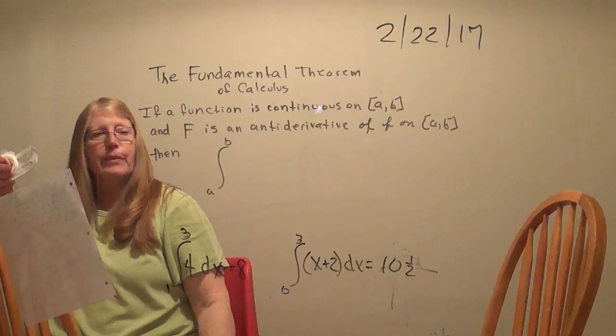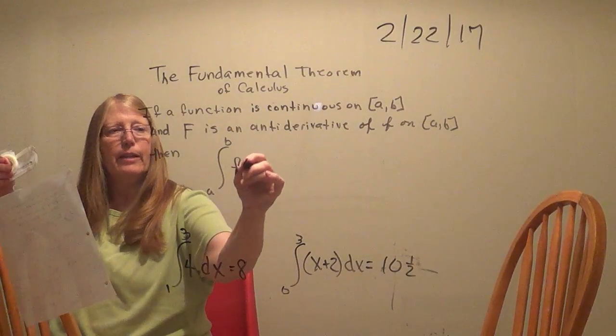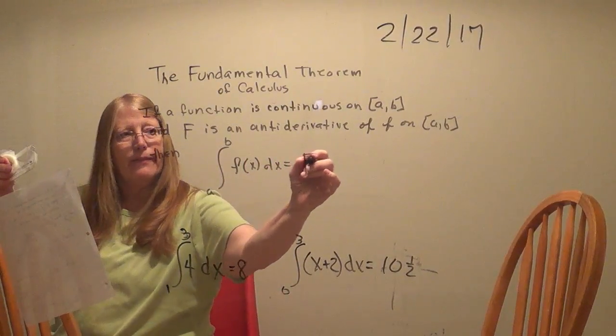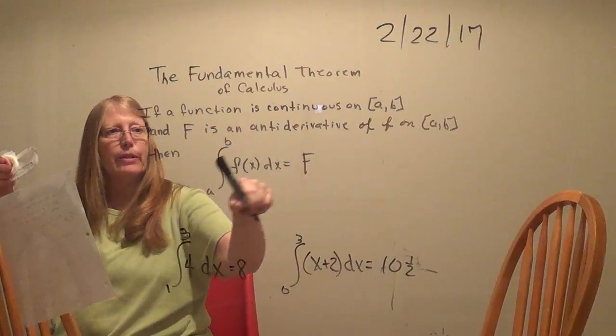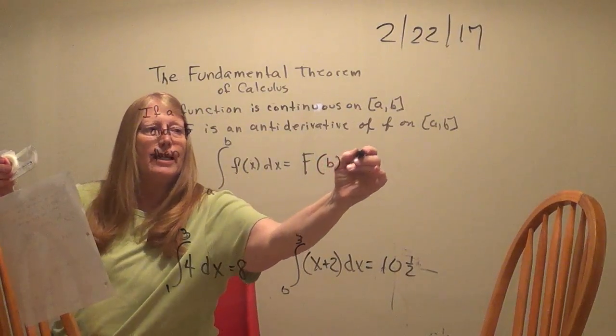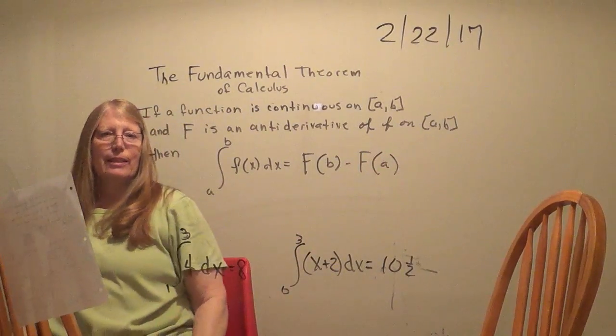The integral, which we call the definite integral, from a to b of f of x dx, equals F, that's the integral of this, evaluated at b, minus the integral evaluated at a.